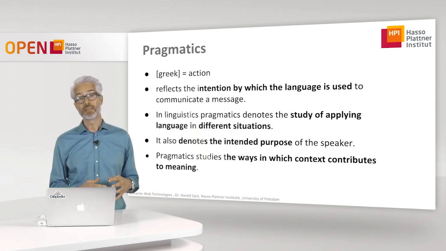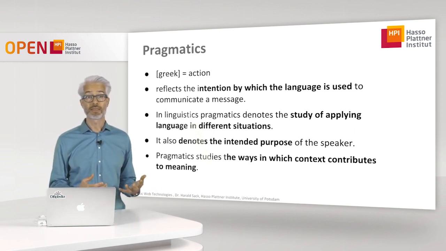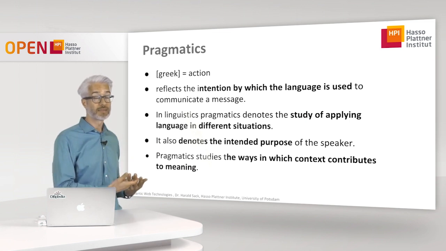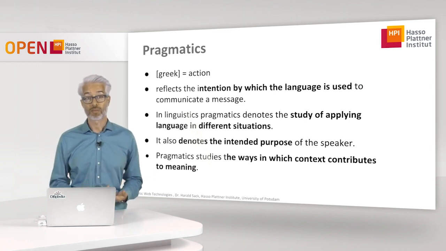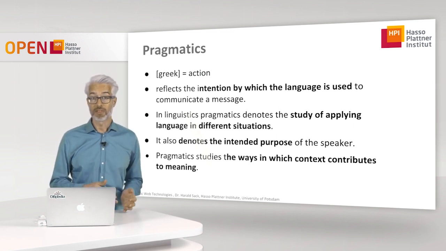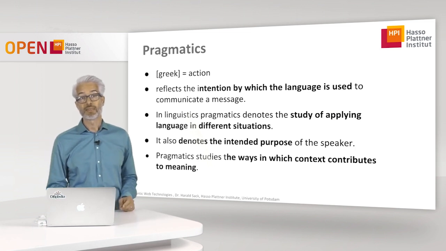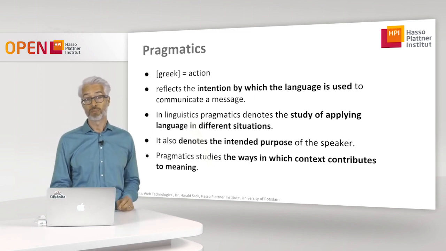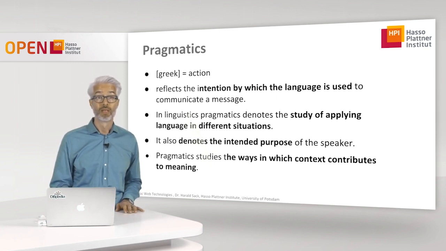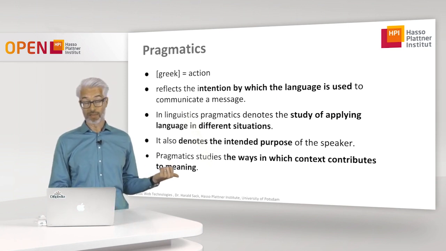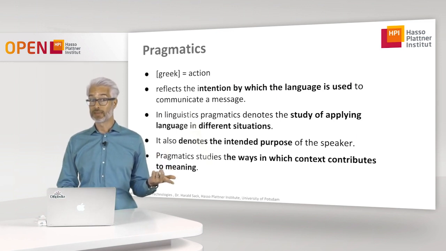So it means different situations have different context, and also, of course, the sender and receiver have different pragmatics. So it denotes the intended purpose of the speaker, of the sender of the message. And it studies the ways in which context contributes to meaning. So this is pragmatics. So we have syntax as the most basic building block. We have semantics as the interpretation.